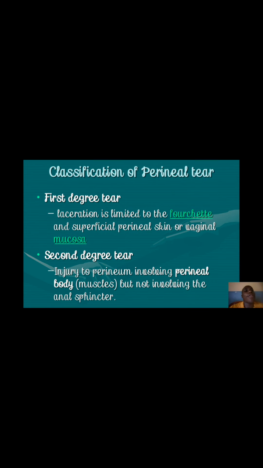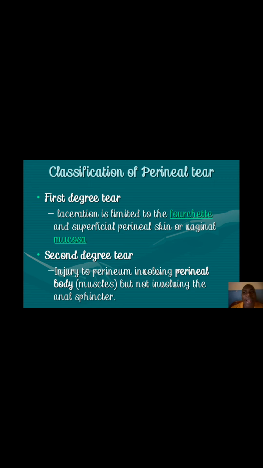Classification of perineal tear. First degree tear. This is a laceration limited to the fourchette and superficial perineal skin or vagina. Hii ni laceration ambayo mama anachanika sehemu tu ya juu, ile sehemu ya ngozi ya vagina.